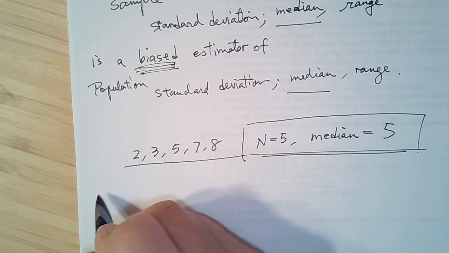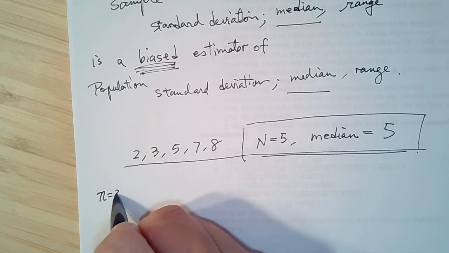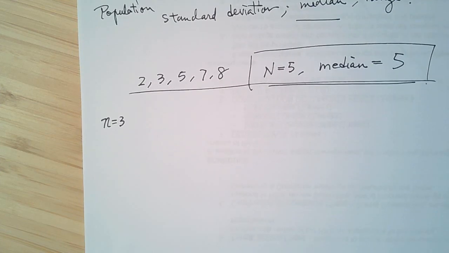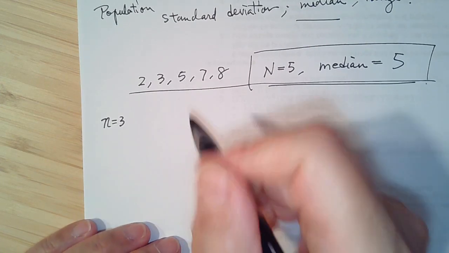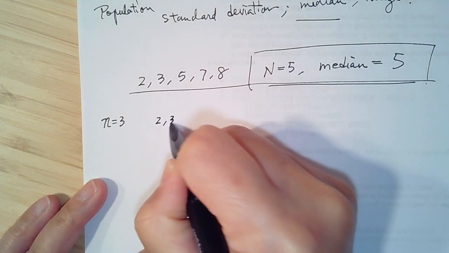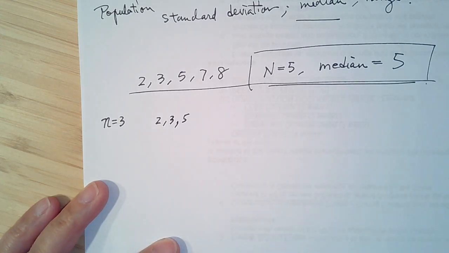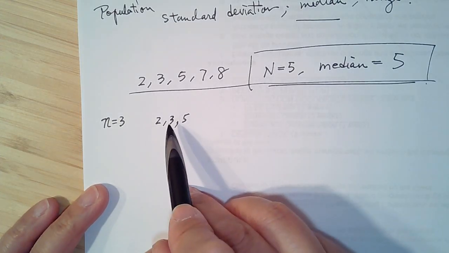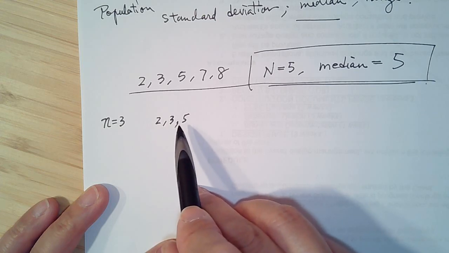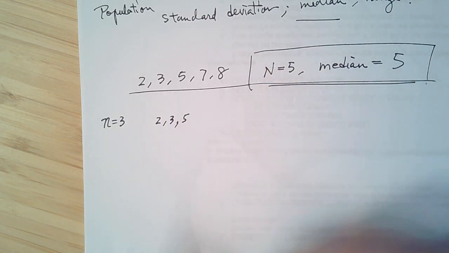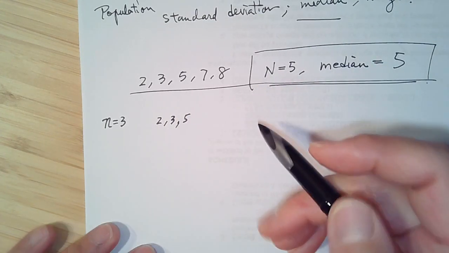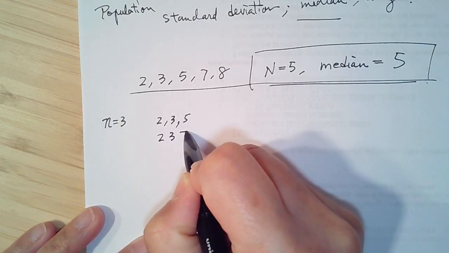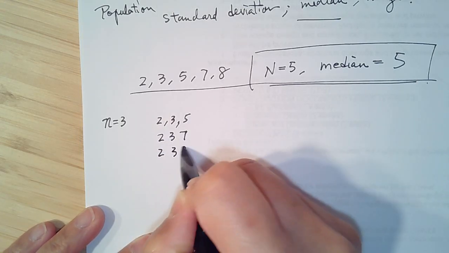Now, I'm going to ask you to take n equals 3, okay, to find the median. So how many possible samples are there? We can have 2, 3, 5. I just treat them in the same order because you can permute them, and each one will have 6 permutations. So 2, 3, 5, 2, 3, 7, 2, 3, 8.